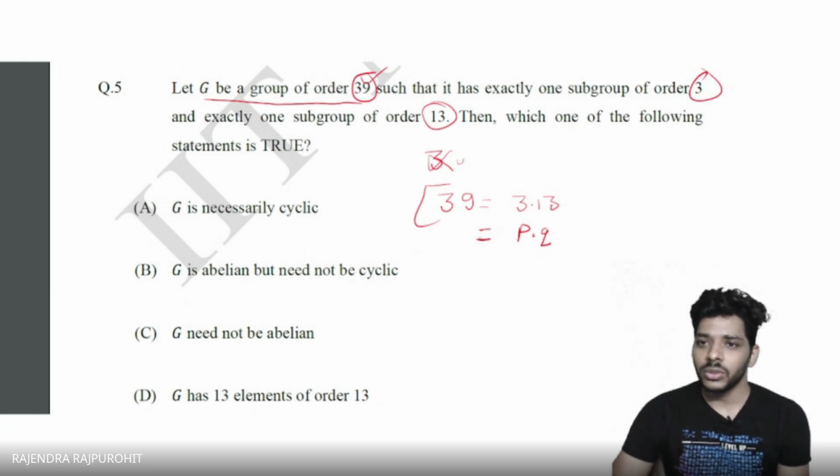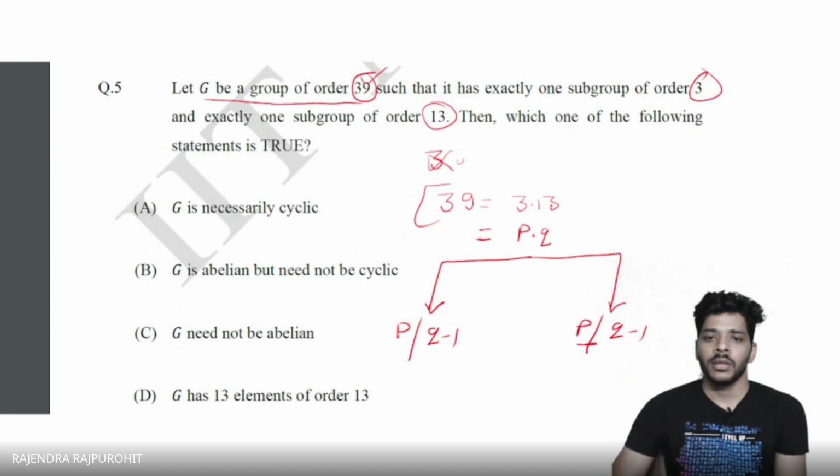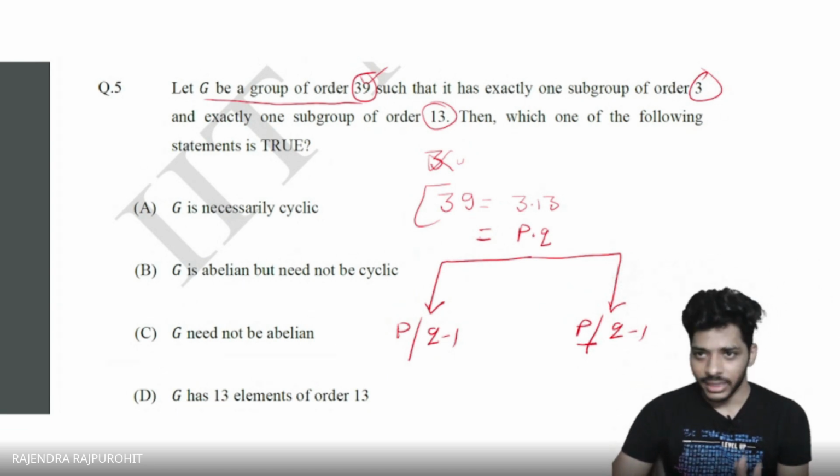From here on, there are two cases for this problem. One is that p divides q minus 1, where p is the smaller one. And the other is that p does not divide q minus 1. For a group of order pq, there are two possibilities.